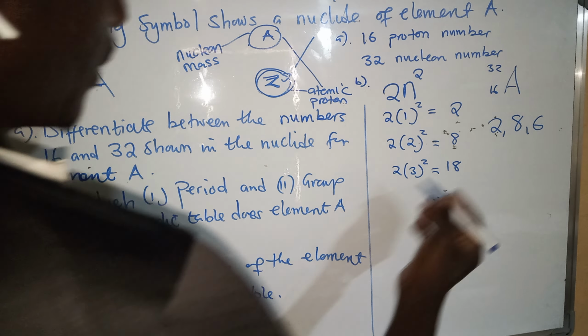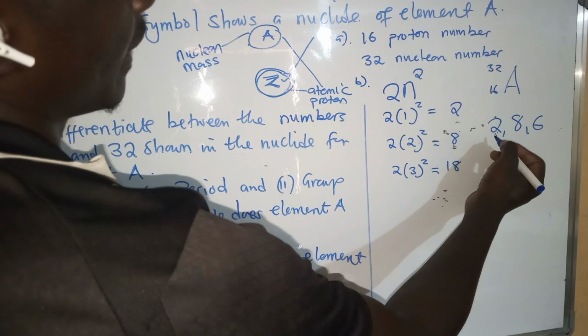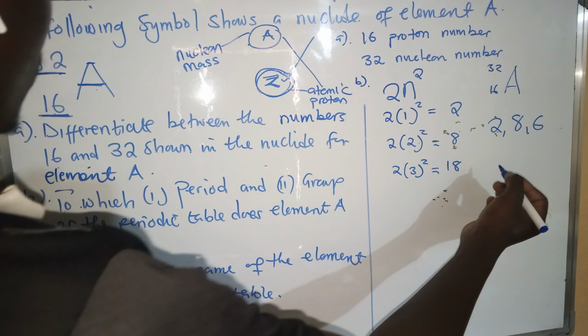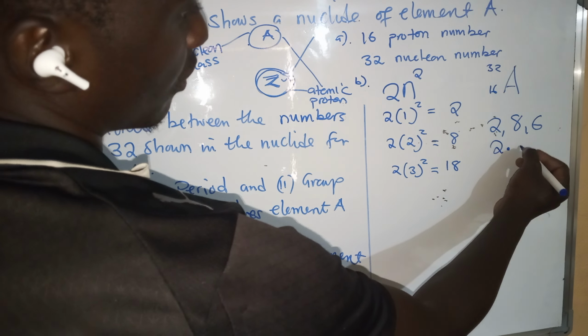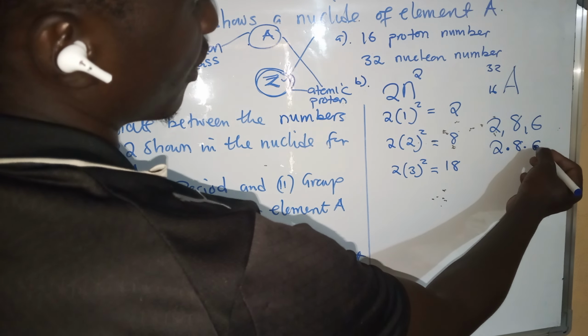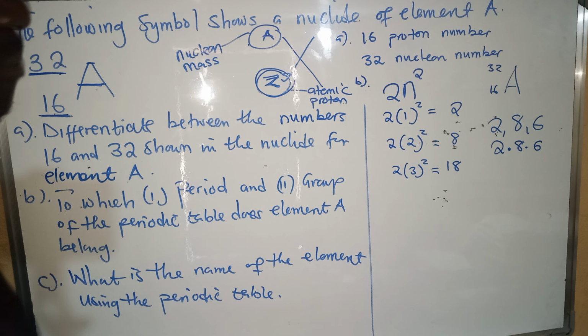So this is going to be the electronic configuration for this element A. I've seen others, they use dots. The answer won't change, it will still be the same.